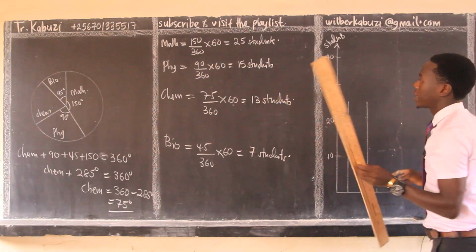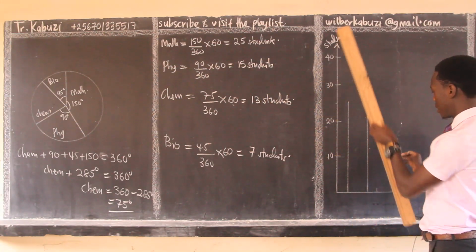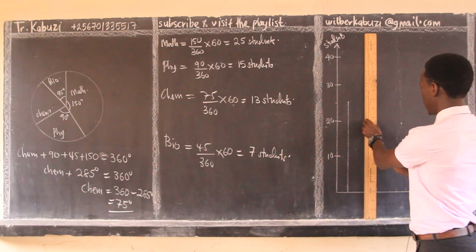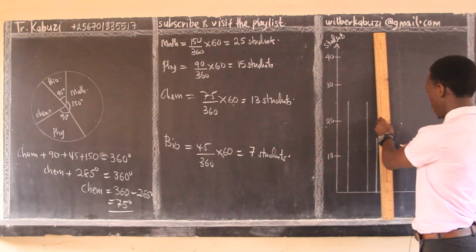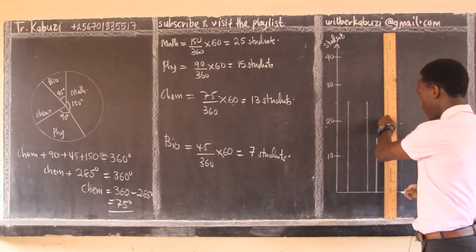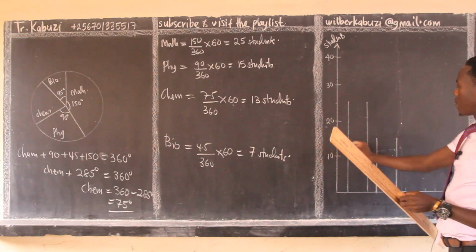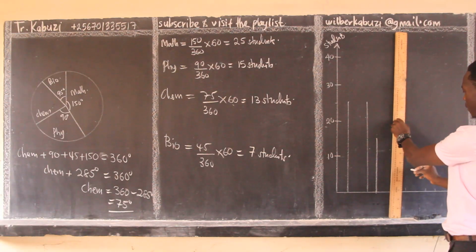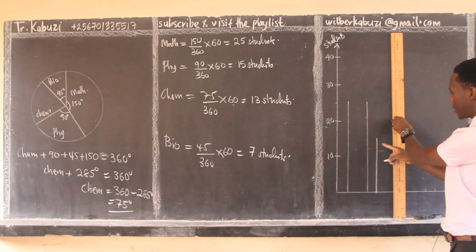When I come to the 15 students, 15 is there. Then I come to the 13 around there. You see my pie chart values are just decreasing. So my 13 is there.